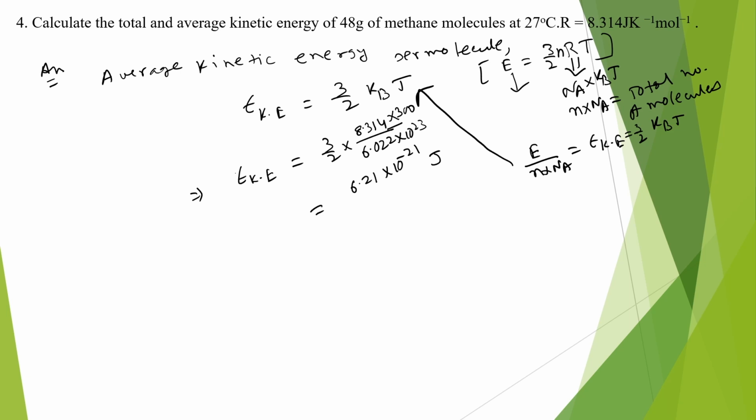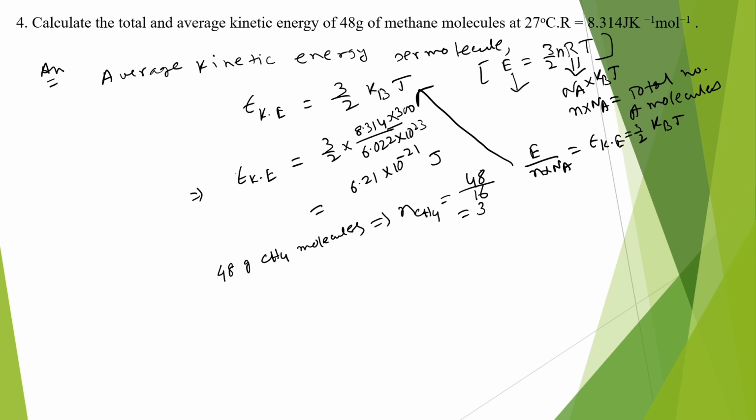So, how many methane molecules are there? 48 gram of methane molecules, right. So, the number of moles of methane, nCH4, is 48 divided by the molar mass of methane, which is 16.